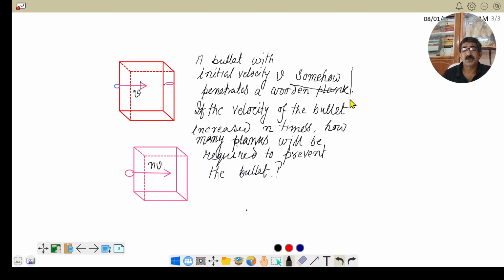Now in the first case, initial velocity V, final velocity 0.